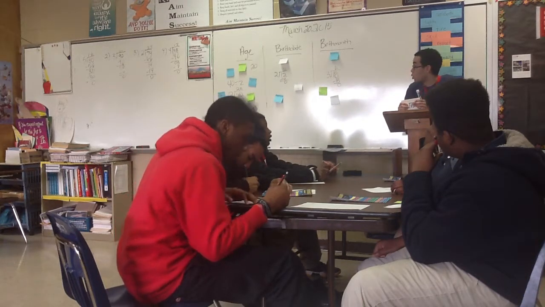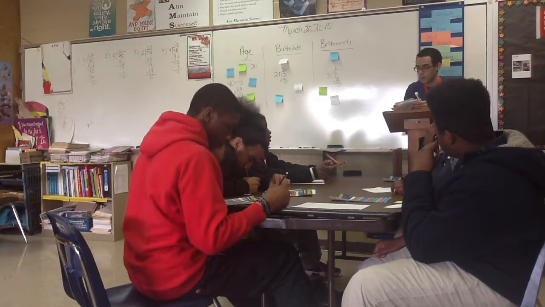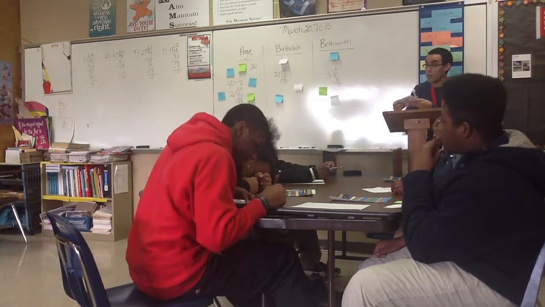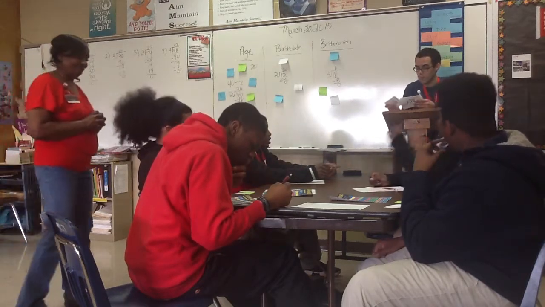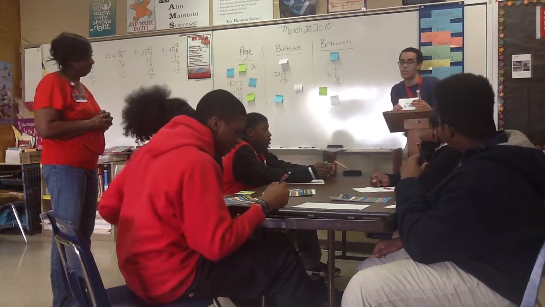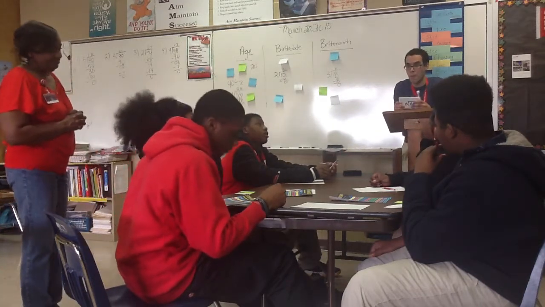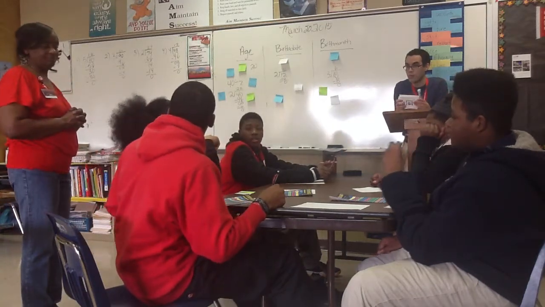How many times will 2 go into 10? 5. How many times will 2 go into 6? 3. How many times will 9 go into 72? 8. They can't have no remainder, can they? No.